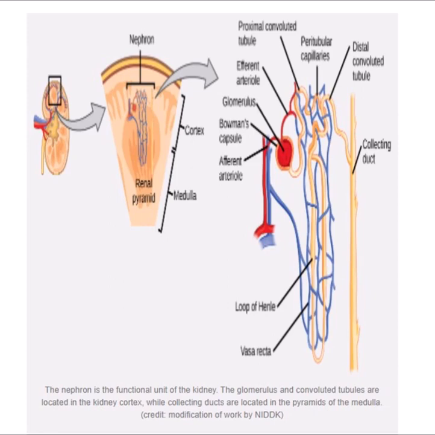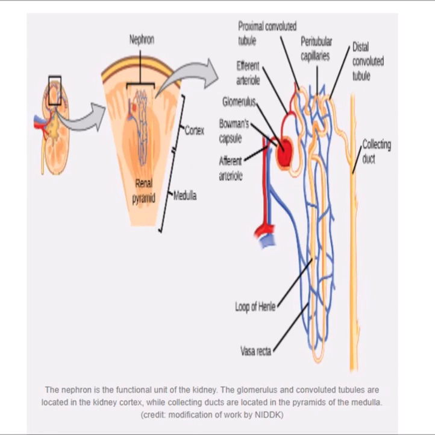The cortical radiate arteries branch into numerous afferent arterioles, and then enter the capillaries supplying the nephrons. Veins trace the path of the arteries and have similar names, except there are no segmental veins.